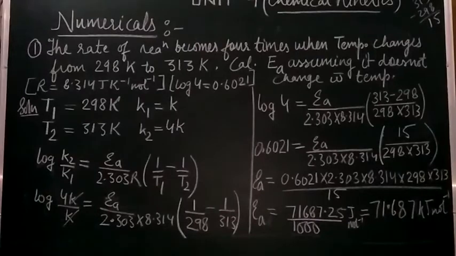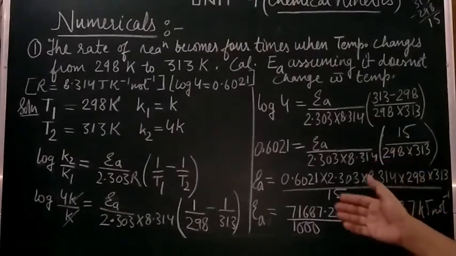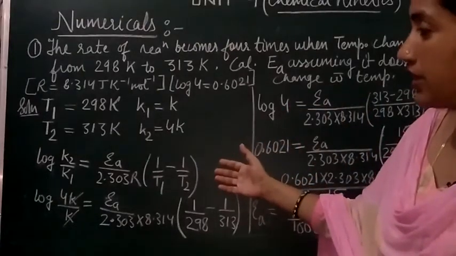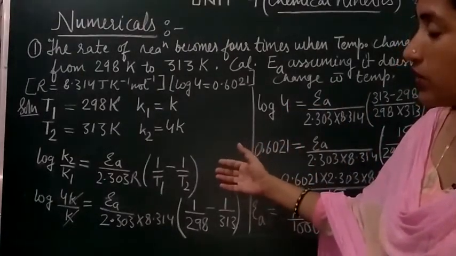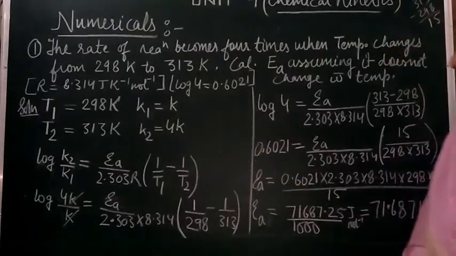So in this way you will solve it by using the equation for the activation energy, which relates the activation energy with the rate constants at two different temperatures, right?